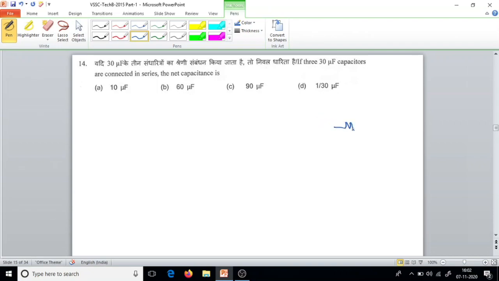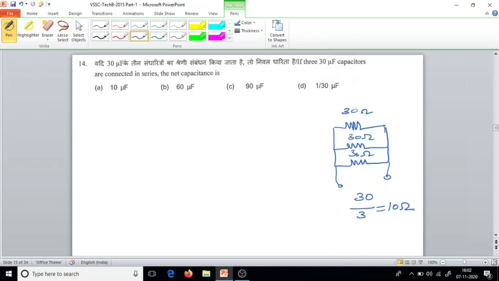Each is 30 ohm. We will get an equivalent resistance of the value of a single resistor divided by the total number of resistors. So we'll get a 10 ohm resistor.